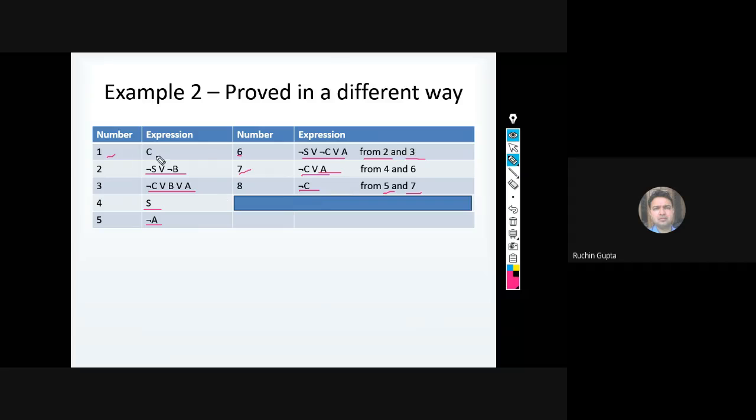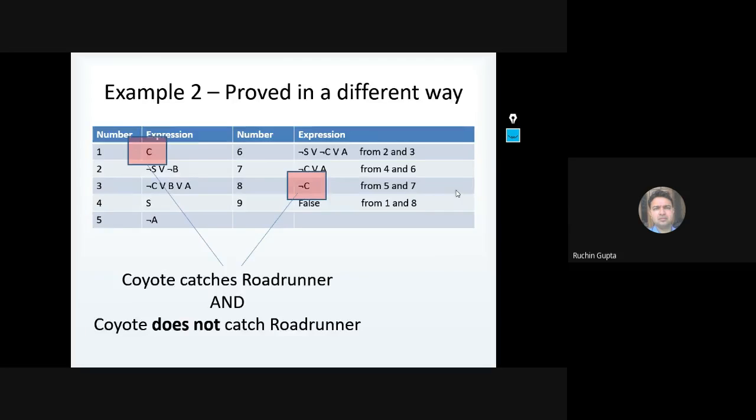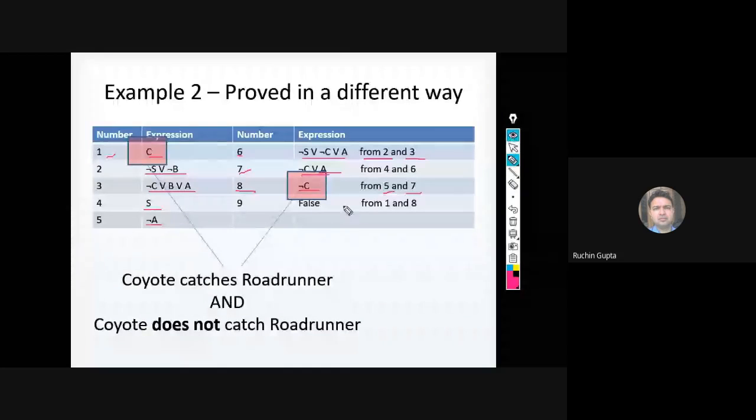Now if I apply the resolution onto this 1 and 8, what will I get? 8 you know is negation of C and 1 is C. So C and negation of C will cancel out and I will get false.